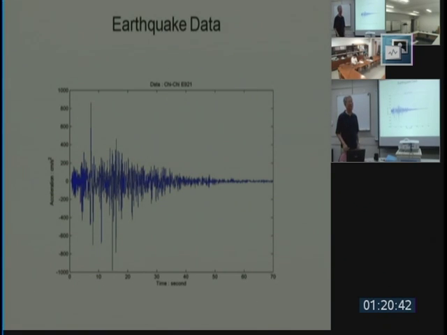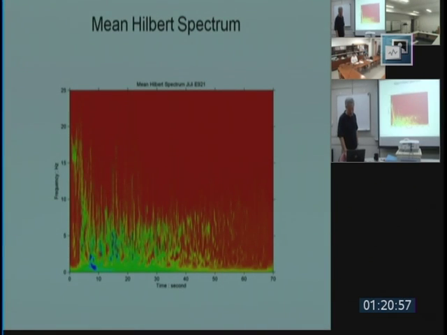when I first got this, I used this data a lot, so I still use this data. This is the Chi-Chi earthquake, the largest earthquake Taiwan has on record. Here is the Hilbert spectrum of the earthquake.